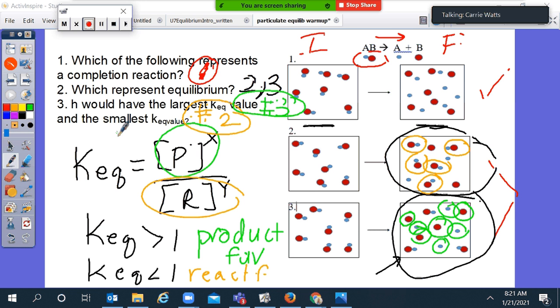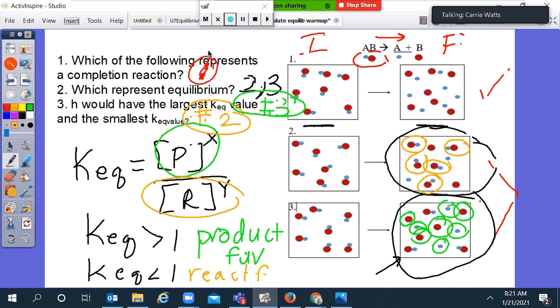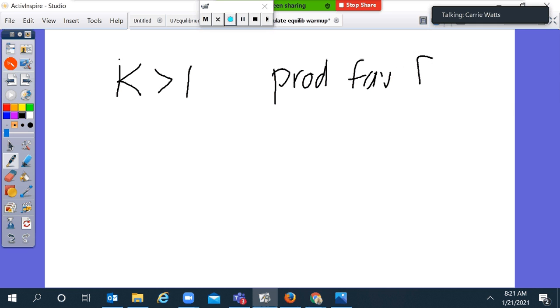There's one more thing I want to say about the K value, just so you can understand the magnitude of it. We're going to go through this a little later in later units, but since we're talking about the magnitude of K, I want to put something up that I want you to write down. Remember we talked about this yesterday. If K is greater than 1, we know it's products favored, which means the concentration of the products is greater than the reactants.